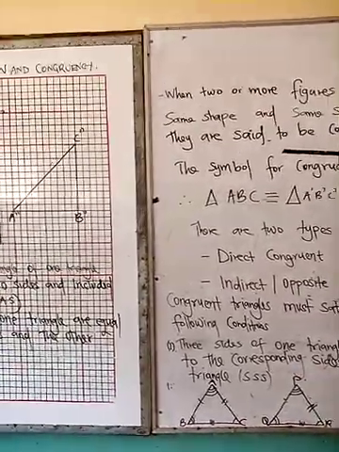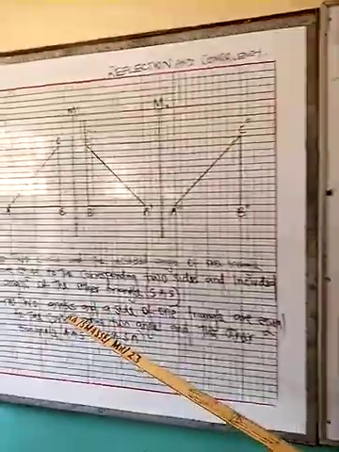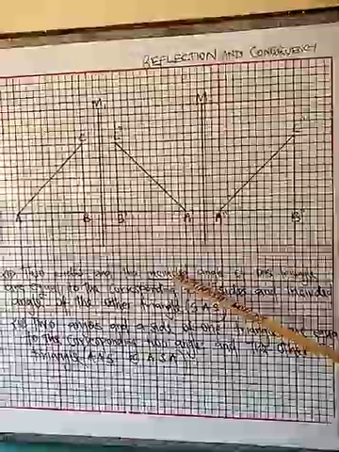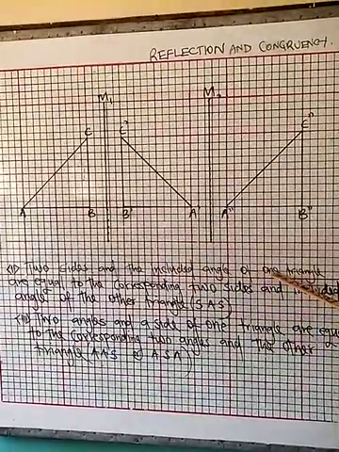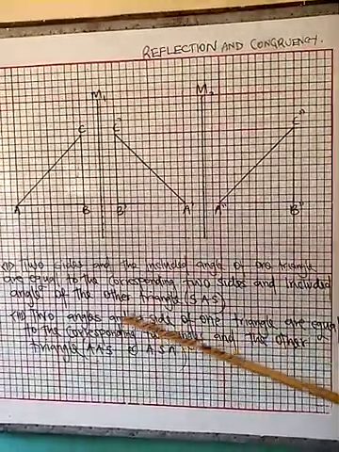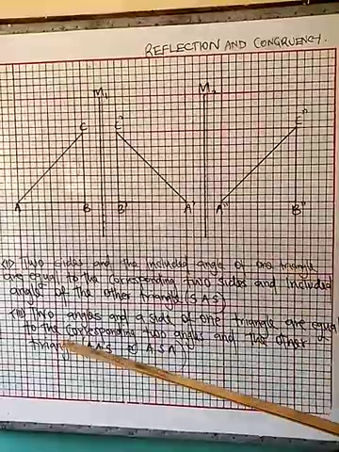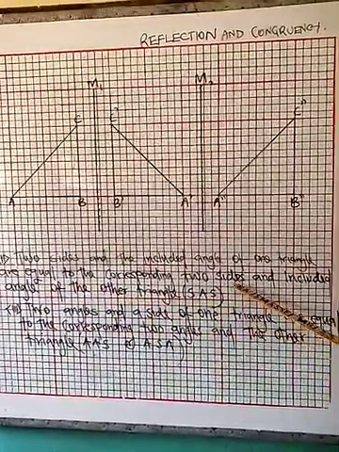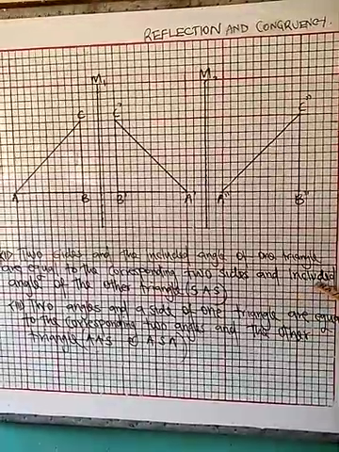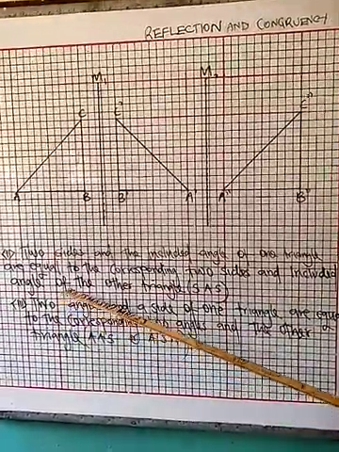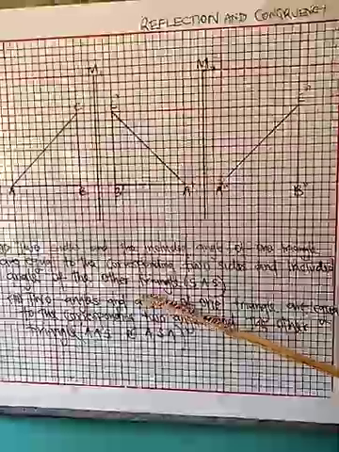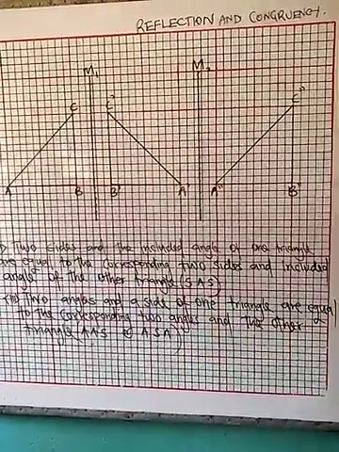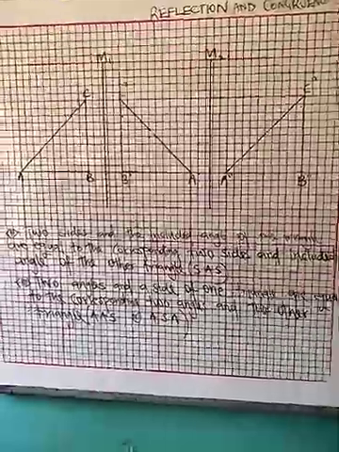The second condition that we can look at is two sides and the included angle of one of the triangles are equal to the corresponding two sides and included angle of the other triangle. Two sides and the included angle.